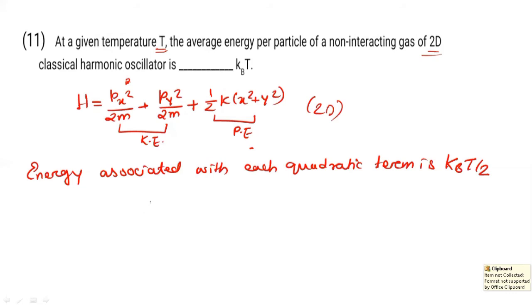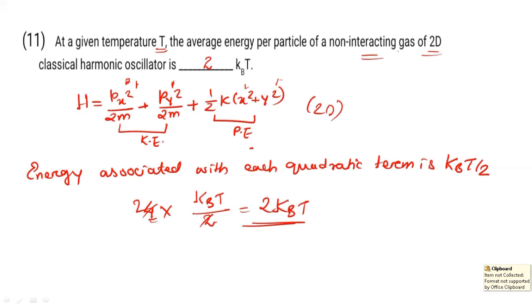So the energy will be equal to 4 times kBT by 2, the energy associated with each quadratic term. The 2 cancels, so it will be 2 kBT. So this is the average energy per particle for a non-interacting gas of two-dimensional harmonic oscillators.